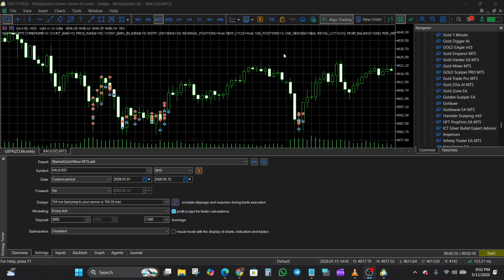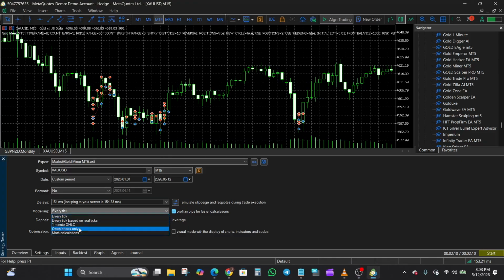And if your testing was done using simplified modeling methods like open prices only, it is definitely worth performing additional tick data testing yourself for more detailed historical analysis.